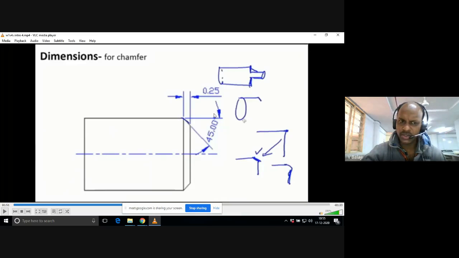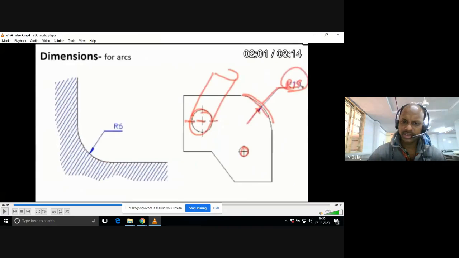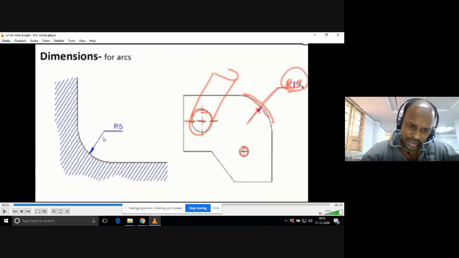In this way also you can represent. And if you want to put a radius symbol, where there is an arc in the particular diagram, you can show R6, one horizontal line, one inclined line with arrow mark. This is the representation of arc of radius 6.